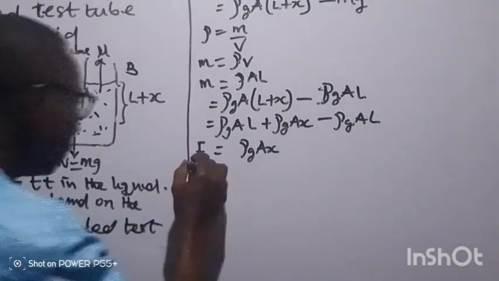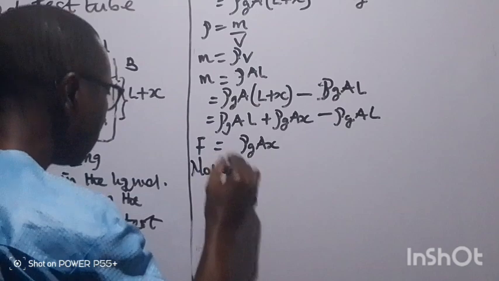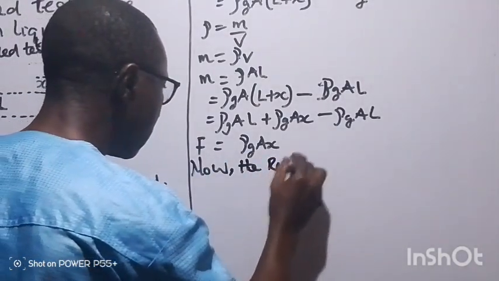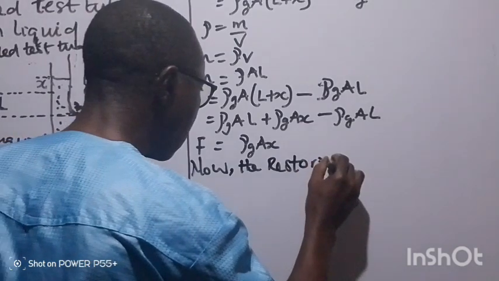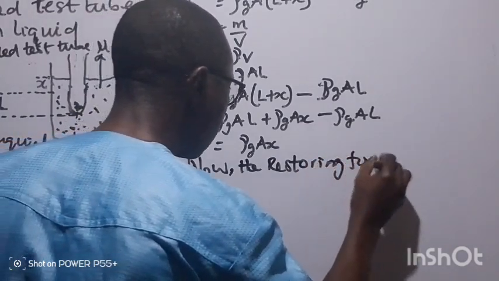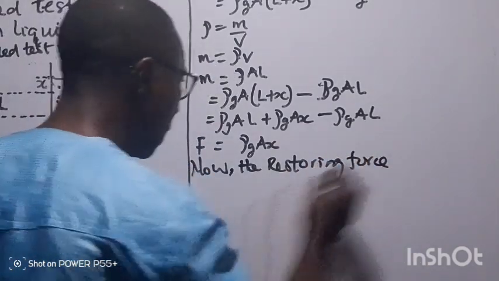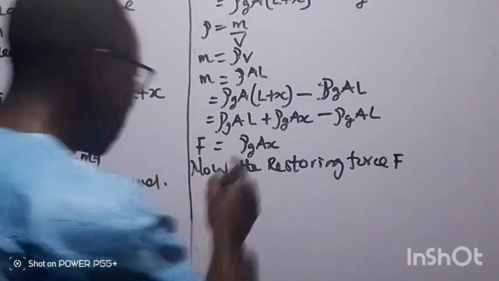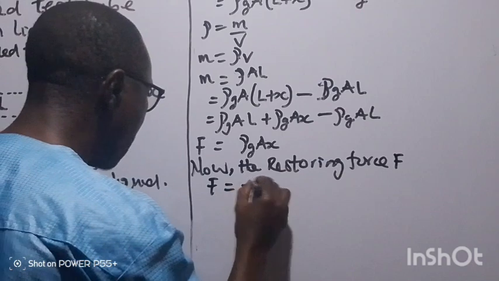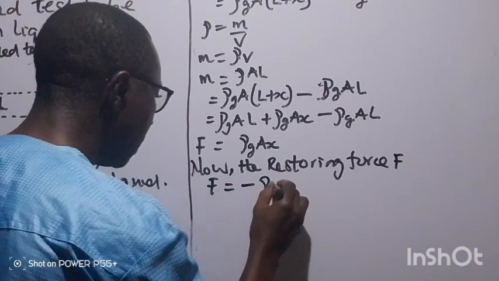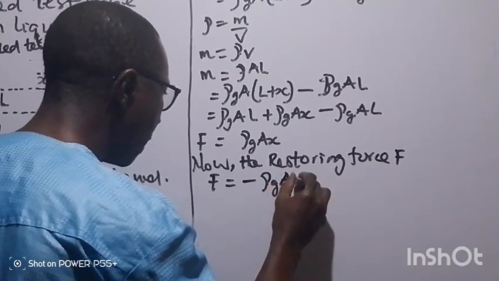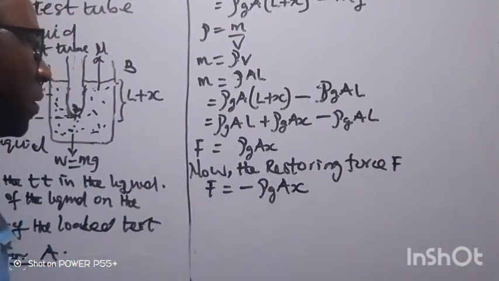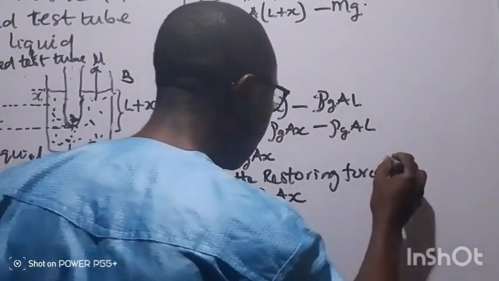Now, the restoring force F, because we said this is resultant upward force, F is equal to minus density multiplied by G multiplied by A multiplied by L. Why is it minus? Don't forget the definition of restoring force, as we said in our former lesson.